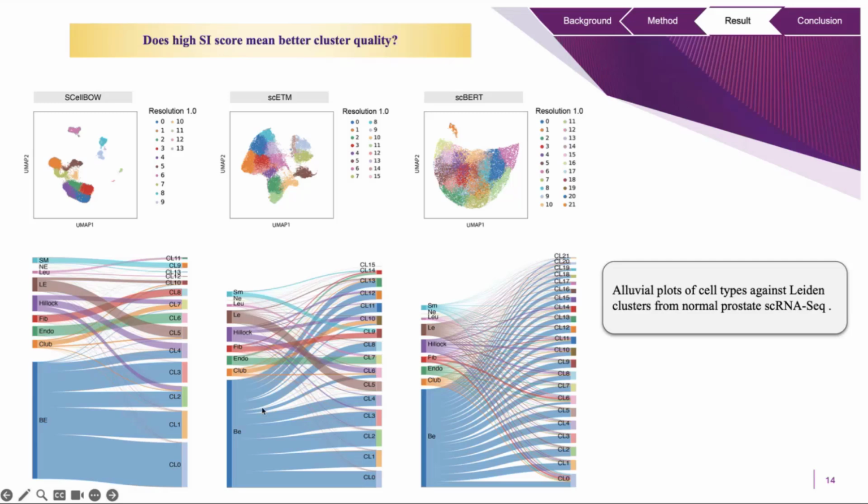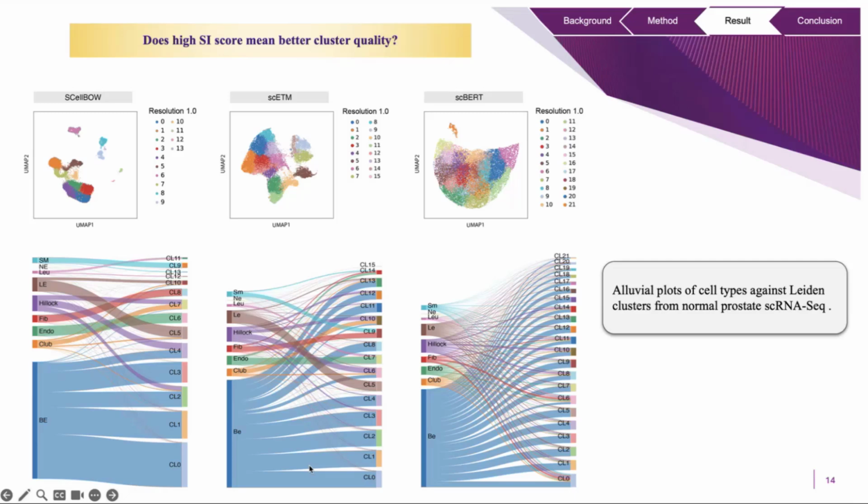But when it comes to SCTM, we can see that all the clusters are very intermixed. Like we cannot find a single cluster which is well defined for some of these cell types like the fibroblast or the HELOC. And in case of SCBERT, it's the worst because we are not getting a pure cluster even for the basal epithelial.